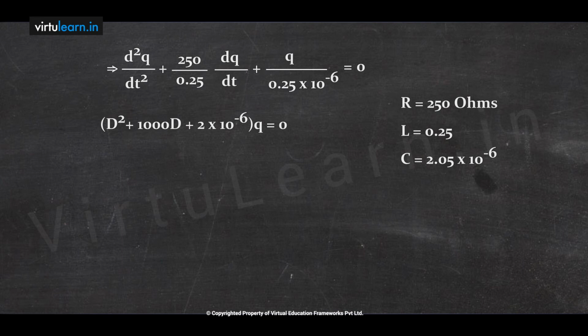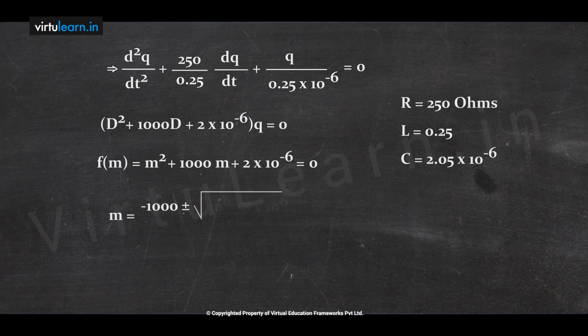Now the auxiliary equation is f of m equals m square plus 1000 m plus 2 into 10 to the power of minus 6 equals 0. We are calculating the complementary function. m equals minus 1000 plus or minus under root of 10 to the power of 6 minus 8 into 10 to the power of minus 6, by 2, according to the formula minus b plus or minus square root of b square minus 4ac by 2a.